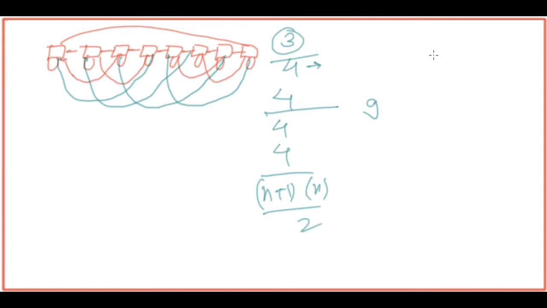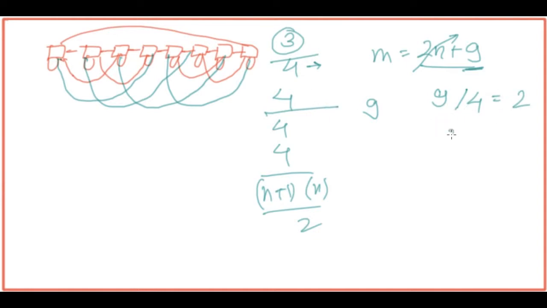Suppose 9 are left after 2n cables, suppose m was this. So I subtracted twice n and I am left with 9. 9 by 4 in integers will give me 2. But this is supposed to add one more.